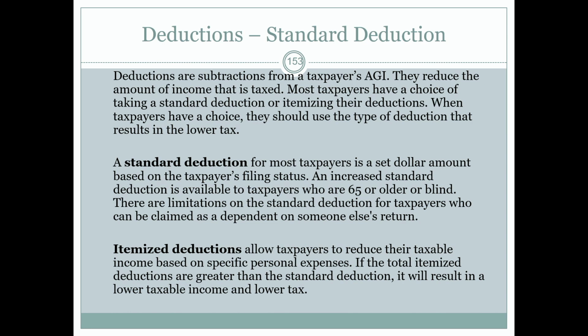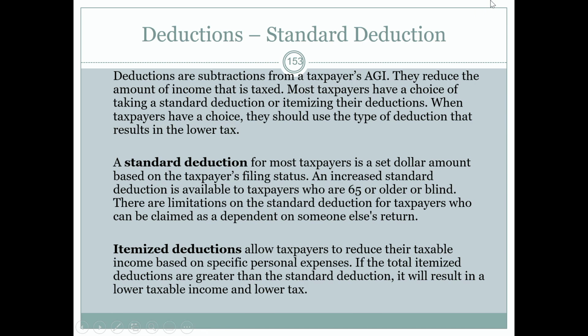One caution is there are limitations on the standard deduction for taxpayers who can be claimed as a dependent on someone else's return. We see this at our tax sites mostly with college students who are being claimed as a dependent on a tax return, but they may have worked as well and earned some money.